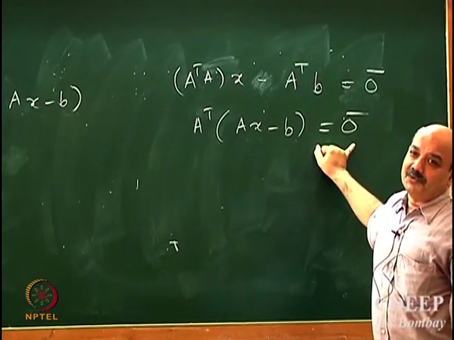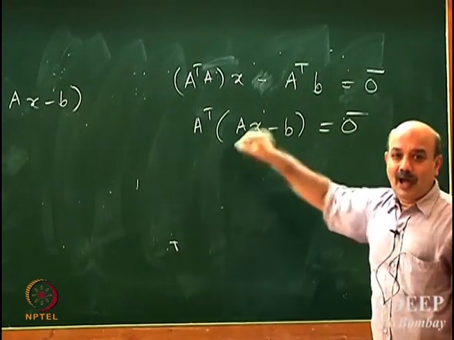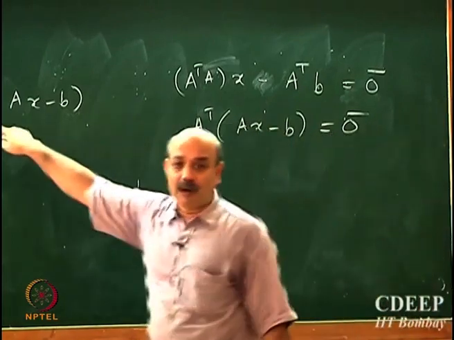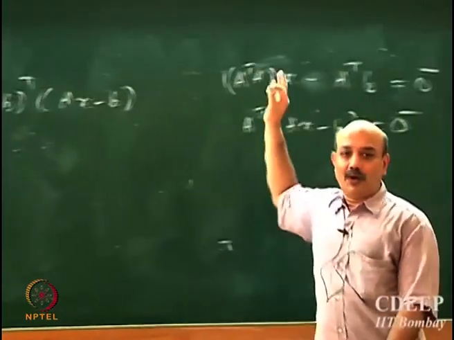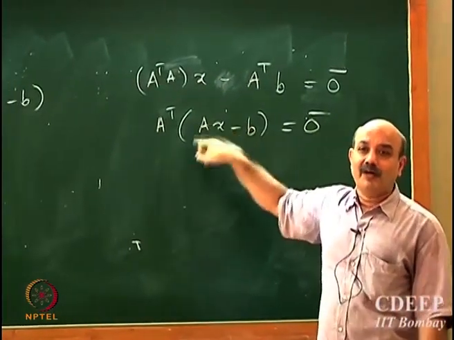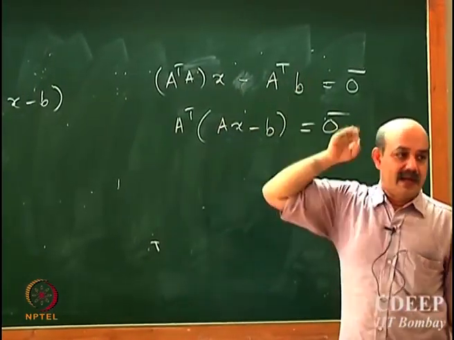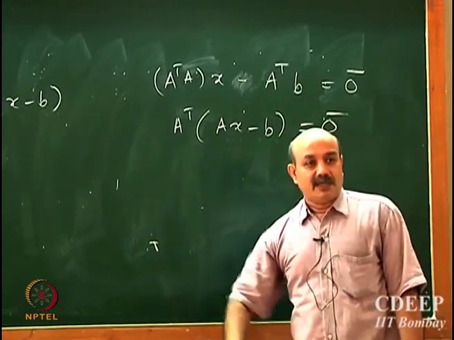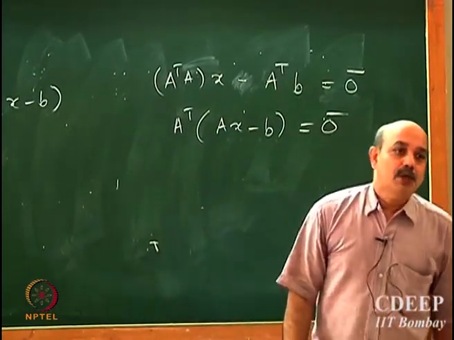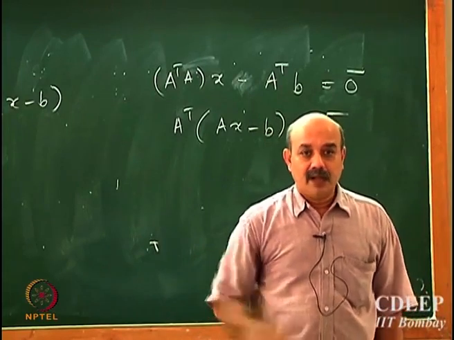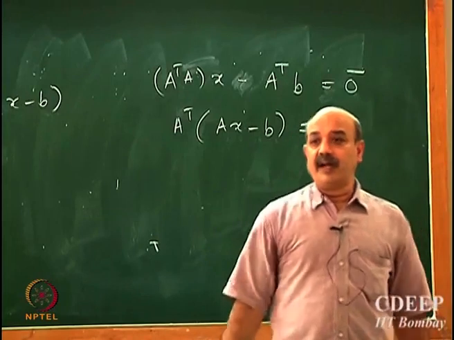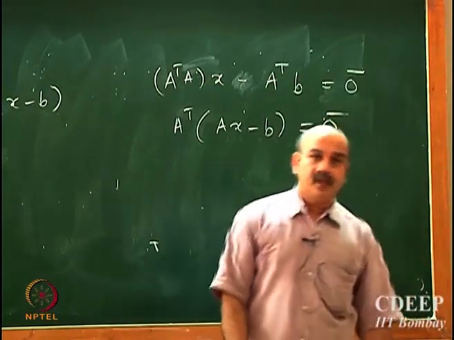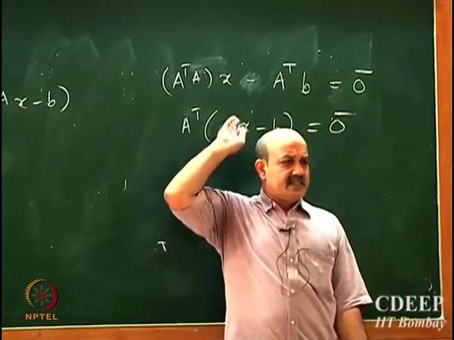Ax minus b equal to 0. So actually by solving this optimization problem, you have reached the solution of Ax equal to b, and later at some point we are going to see a method for solving Ax equal to b using optimization, an iterative procedure which is many times faster in arriving at a solution.